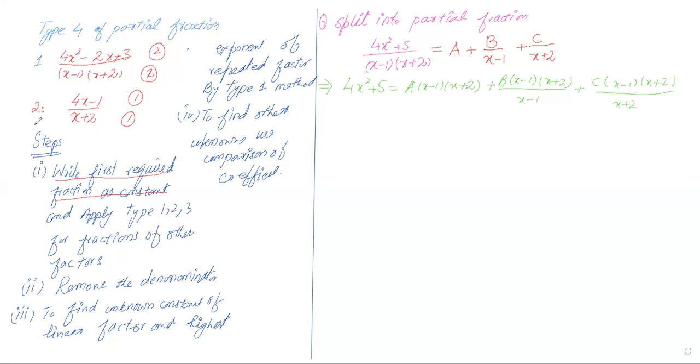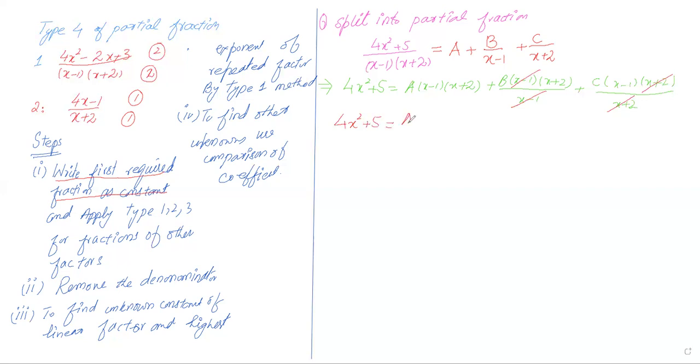If all the denominators are cancelled out, this means your steps are correct. So x - 1 is cancelled by x - 1, x + 2 is cancelled by x + 2. I will get a very simple equation without any denominators.